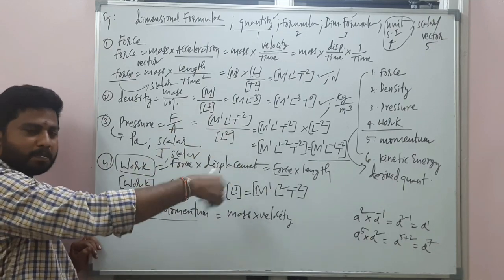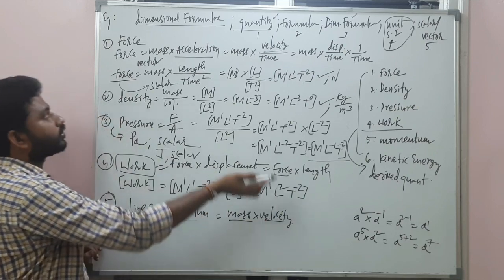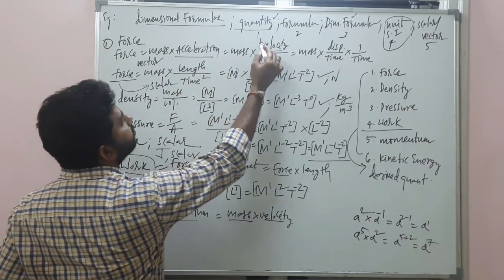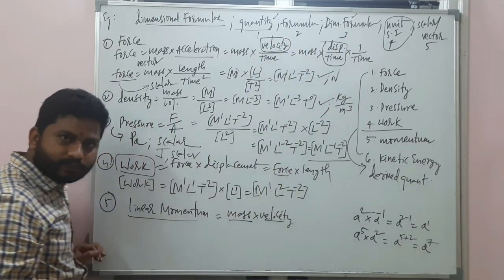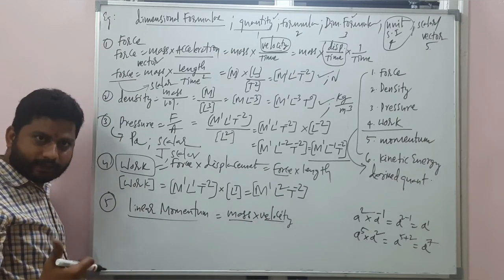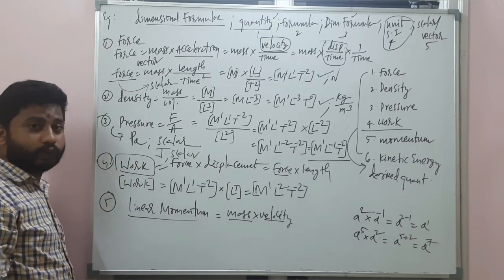Mass dimensions you know, and velocity dimensions we have done somewhere here, displacement by time. Mass into velocity, you do it, you will get the dimensional formula. Clear? Its SI unit you know, and whether it is a scalar or vector you also know.